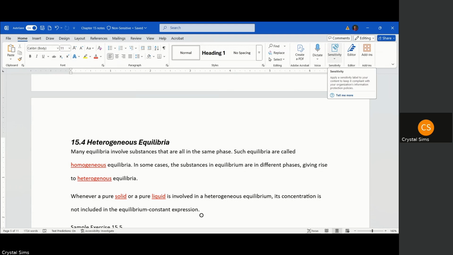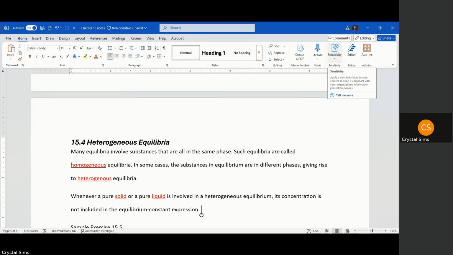If the substances in equilibrium are in different phases, we call that heterogeneous equilibria. You've looked at these terms before. You know that the root word homo means same, hetero means different. So we're going to continue to use those terms here.